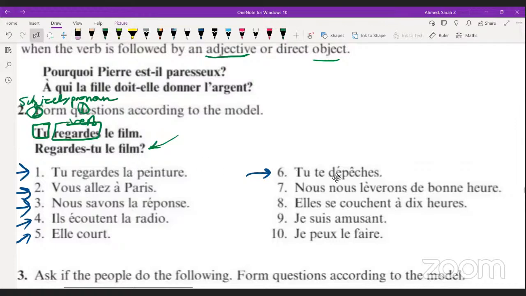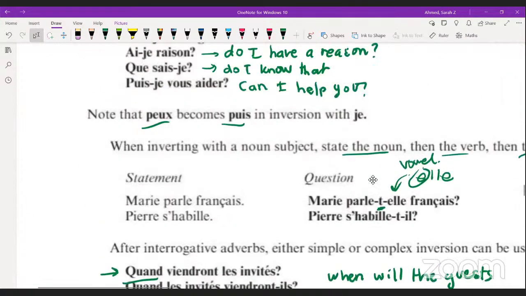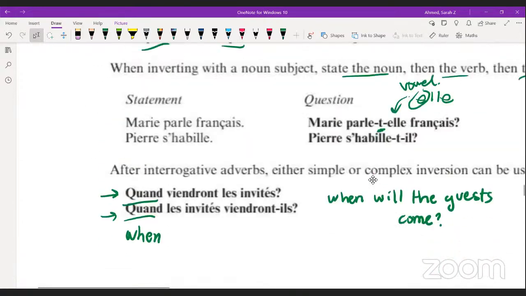And number 6. Tu te dépêches. Let me just double check this one.